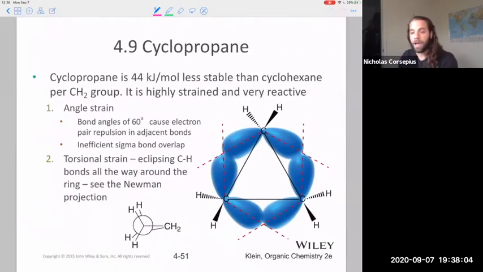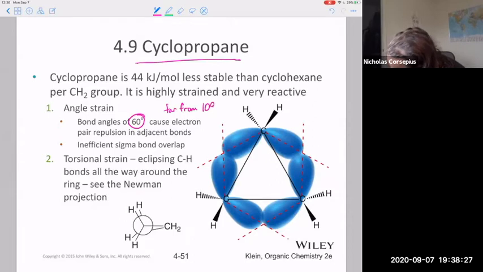So first of all, when you have only 3 carbons, so for cyclopropane, this is where we're going to start. When you have only 3 carbons, they have to sit in the same plane. It's kind of impossible not to. Because of that, those bond angles are indeed sitting at 60 degrees. This is very far from the 109.5 degrees ideal.